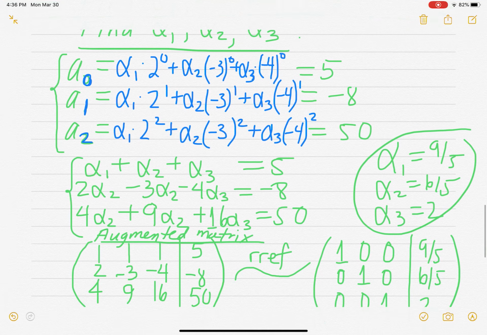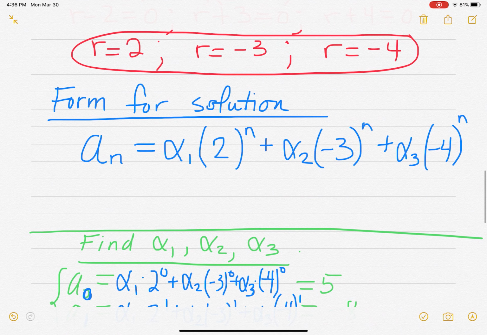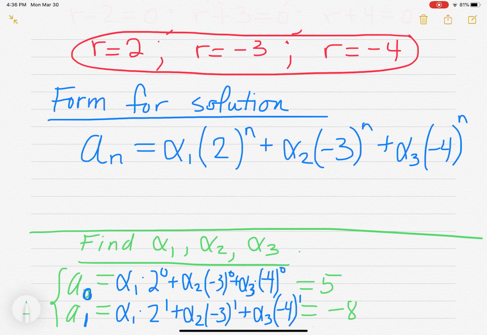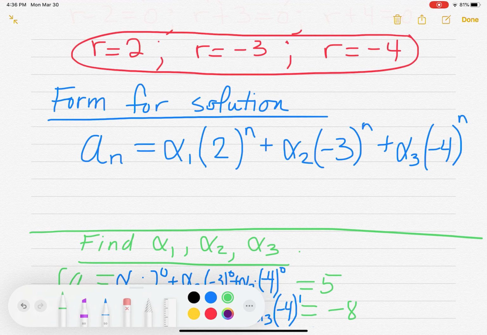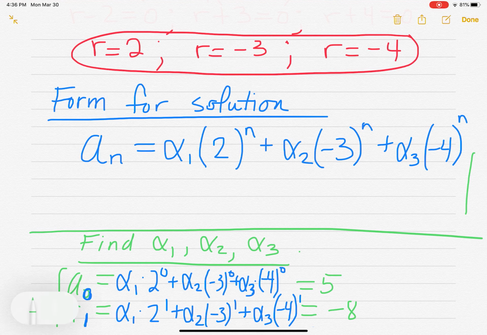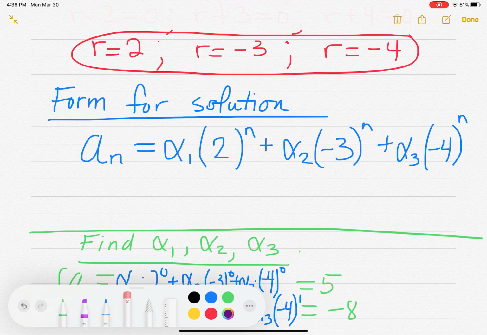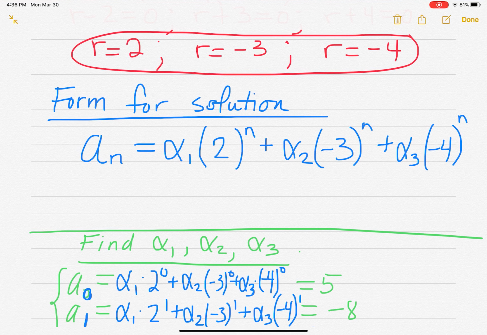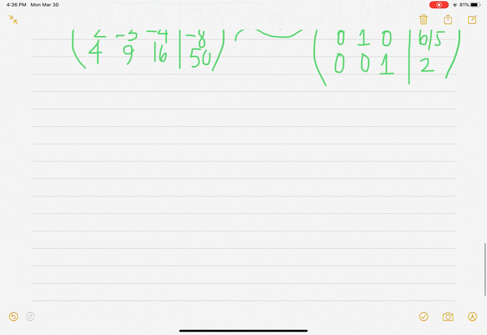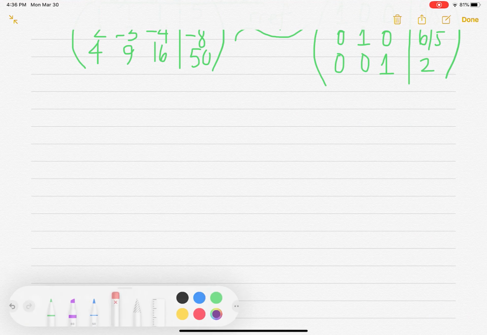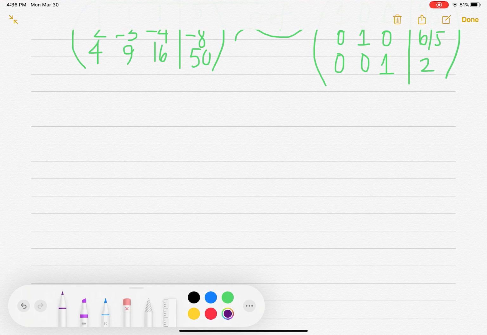So I'm going to go back and plug them in here. This will actually be my solution. I'll put it at the very end. So here's my final actual solution.